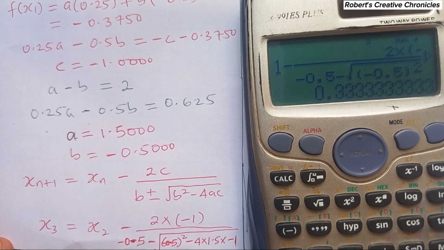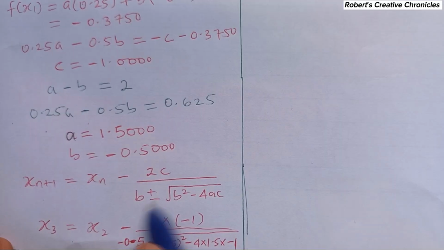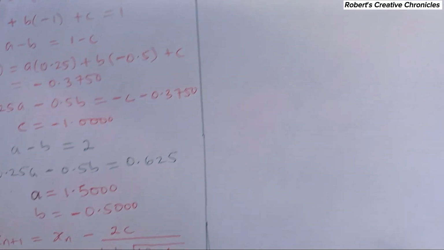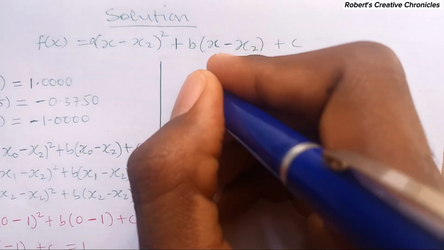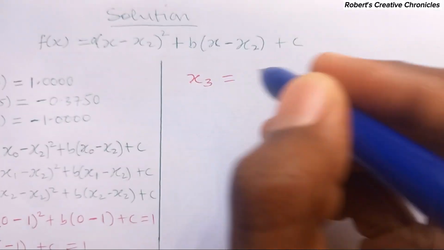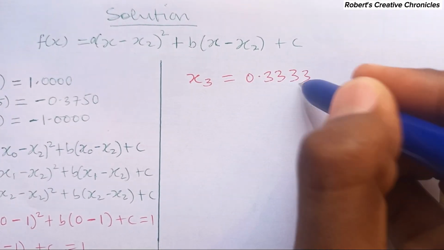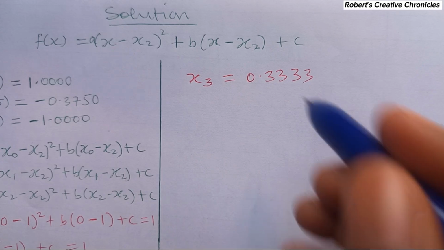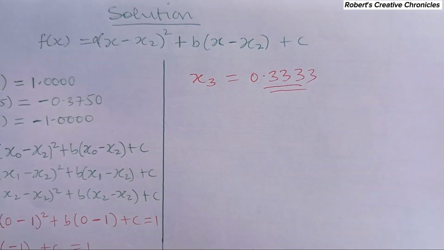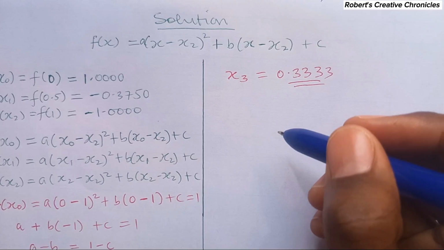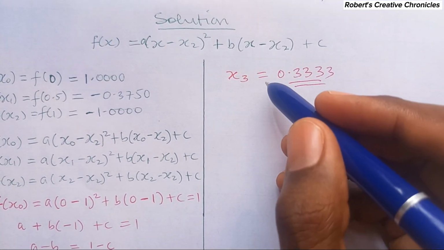Here is 0.3333. So now x3 is equal to 0.3333. So now we have done the first iteration.